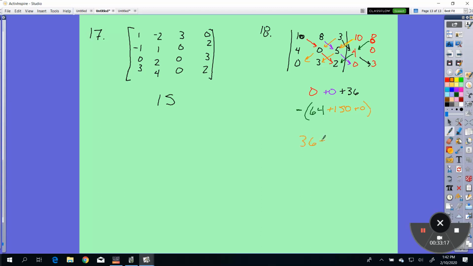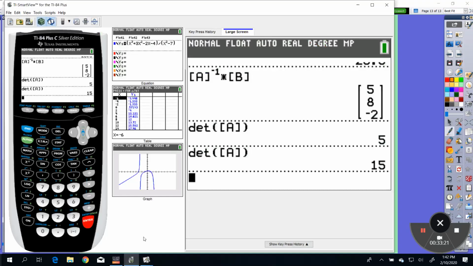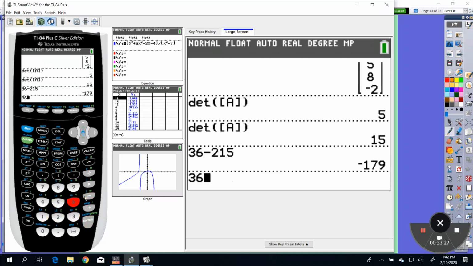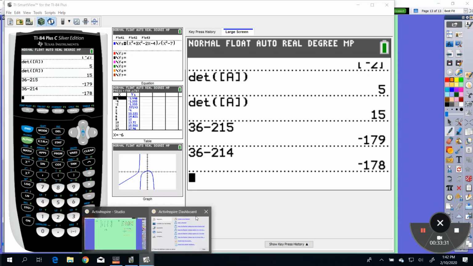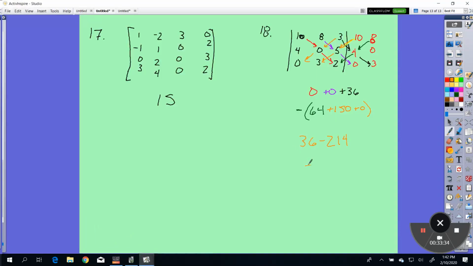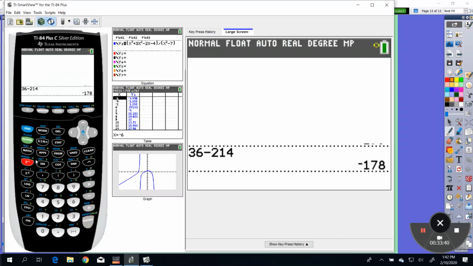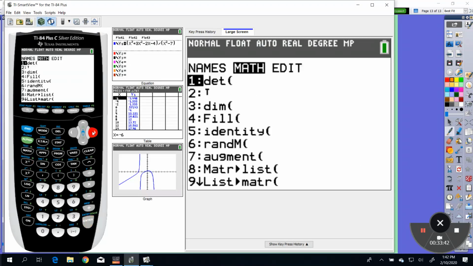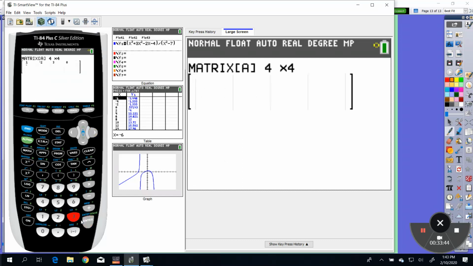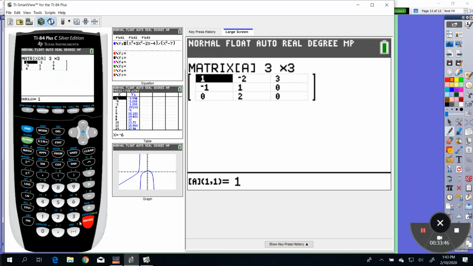So I have 36 minus 214. Negative 178. Again, there's nothing wrong with going to your calculator. Second matrix, edit. 3 by 3.